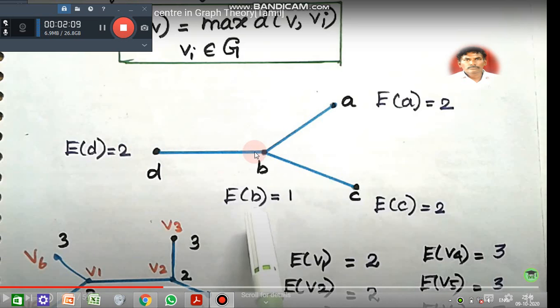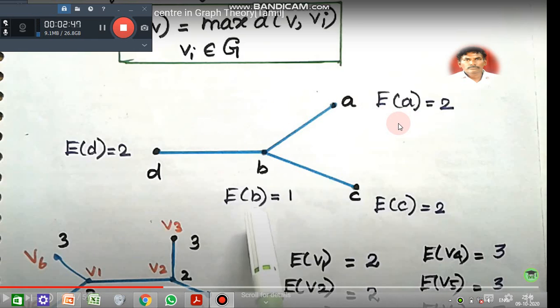Am I correct? Therefore the eccentricity of D is equal to 2. Similarly, what is the eccentricity of B? Here the 3 vertices in the tree are all equally away from B. Therefore the eccentricity of B is equal to 1, because they are 1 unit length away from B. What about the eccentricity of the vertex A? The vertex farthest away from A in this tree is D, 2 units away.